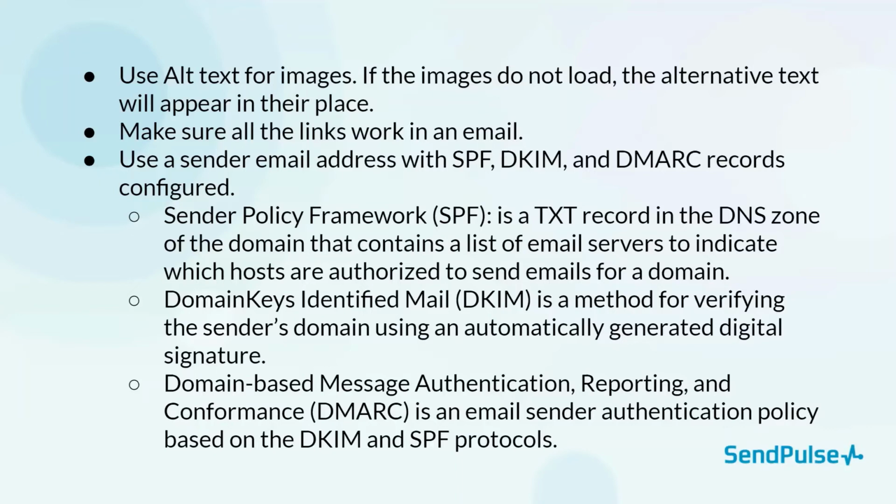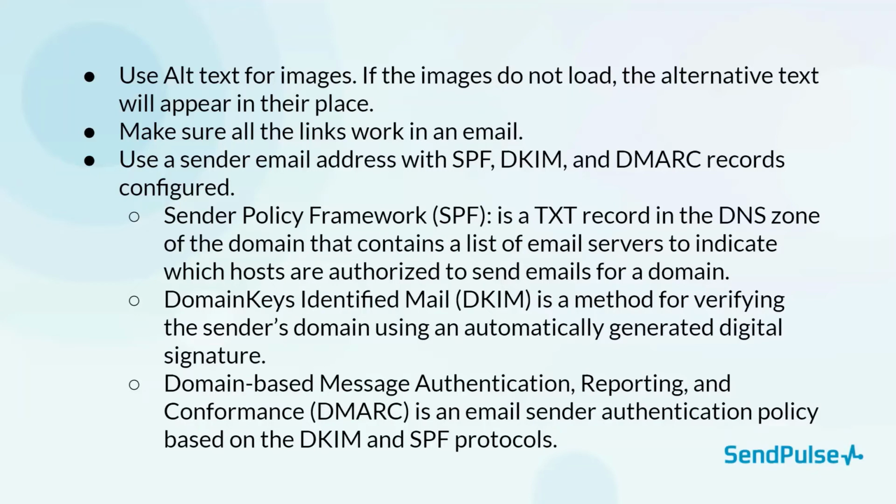We now have the DMARC policy, which means Domain-based Message Authentication, Reporting, and Conformance. It's an email sender authentication policy based on the DKIM and SPF protocols. So basically, your DMARC records will take whatever you have in your SPF, whatever you add on your DKIM, and then make sense of it.